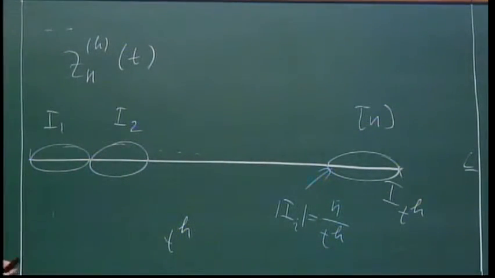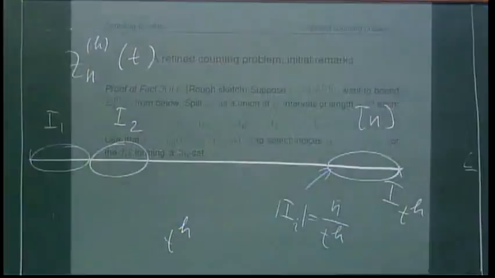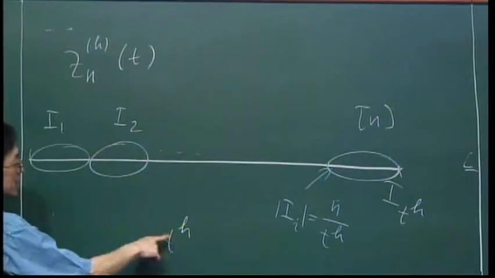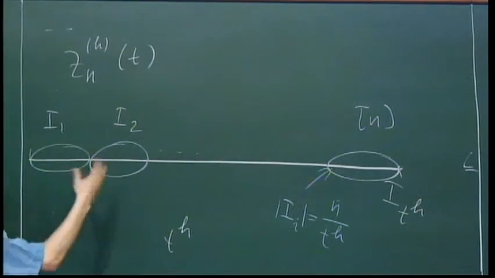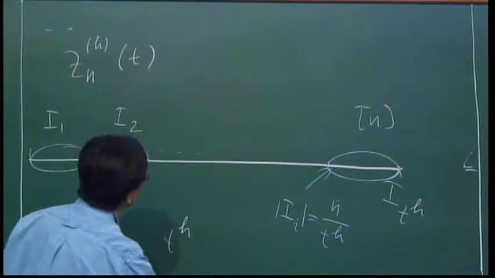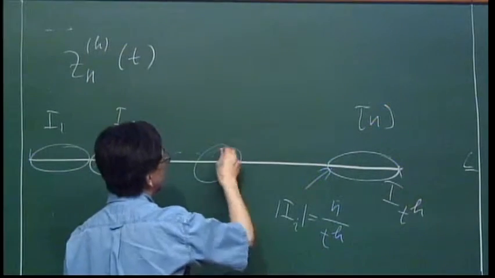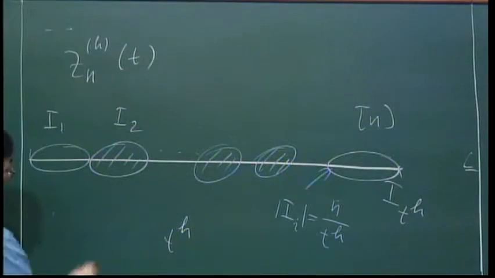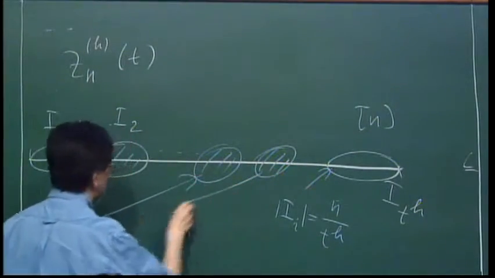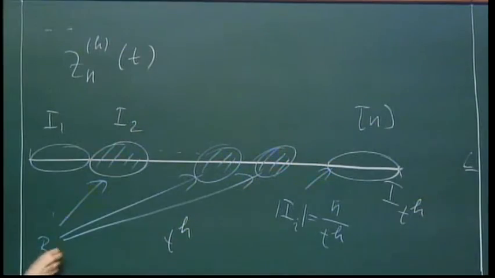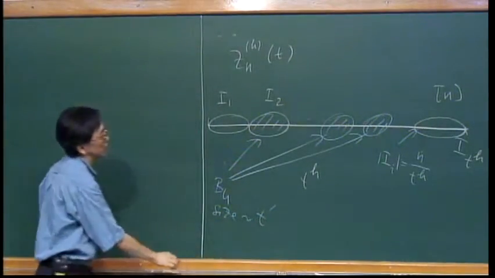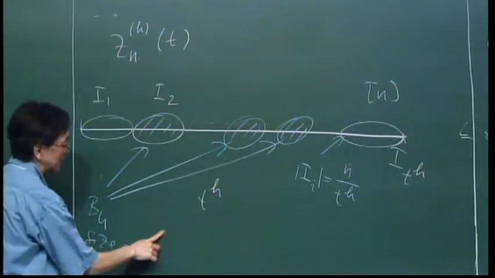Okay, now we use the fact that we know how much f of h of T to the h is. So if you think of these T to the h as ground set and you want to find a BH set inside it, you can select some number of indices or intervals so that this is a BH set with cardinality T prime. I call it T prime here to be more precise, but T prime and T are about the same.